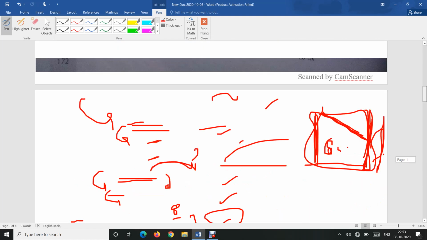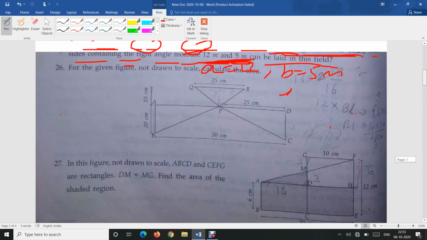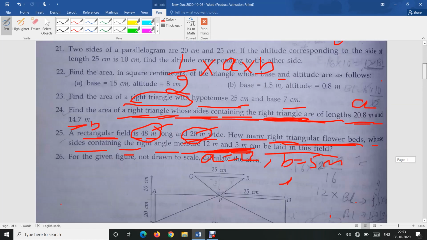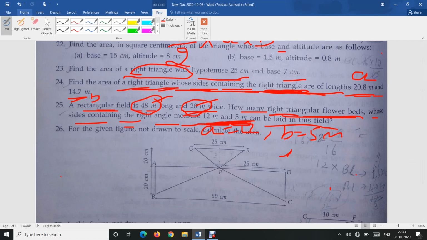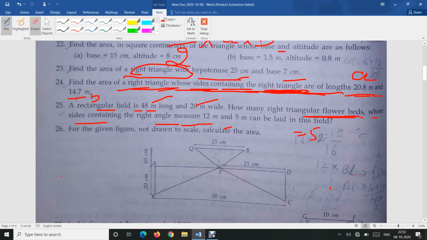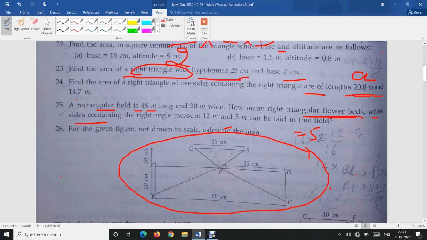Now next, see the next question, which is question number 26. In this question you are given a figure, not drawn to scale, and you have to calculate the area of this figure.